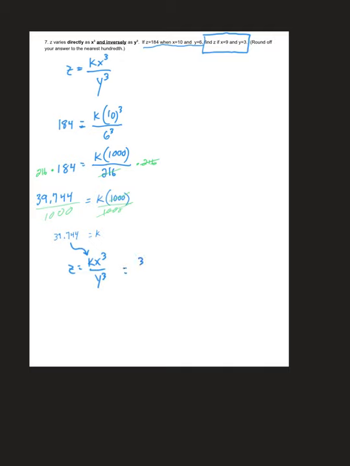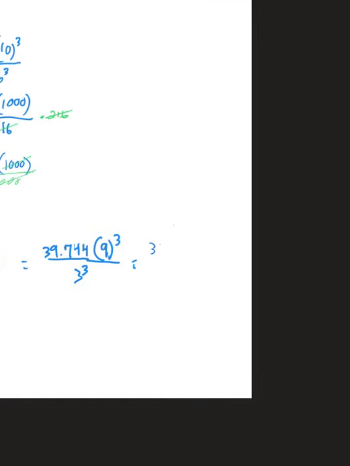So 39.744, that's k, and then x now is 9. We're going to cube that. Make sure you do that before you multiply. And then on bottom, we've got 3 cubed.